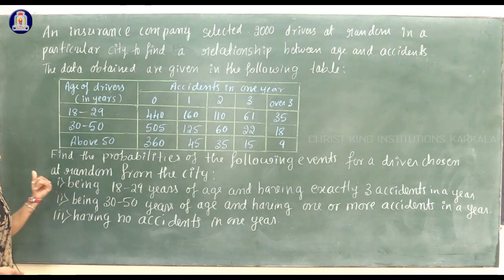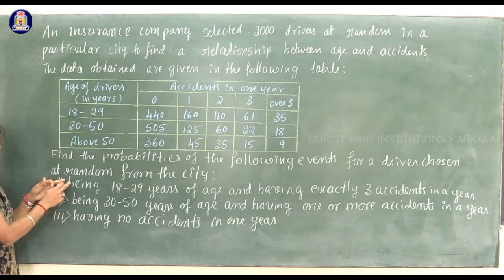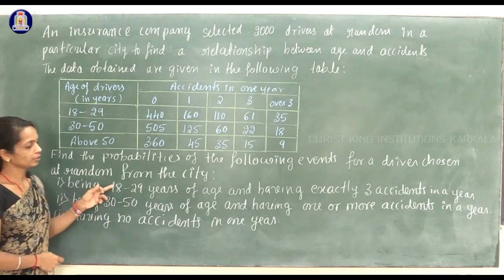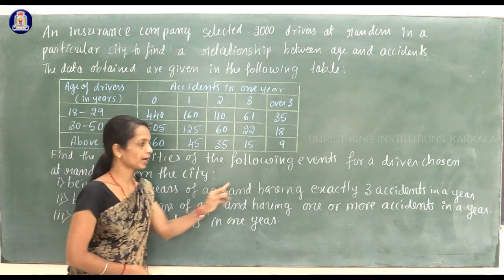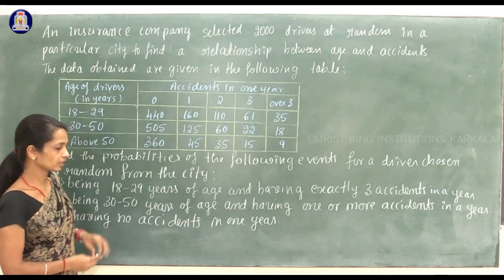So we calculate the probability of these 3 events one by one. First, you have to find the probability that a driver is 18 to 29 years of age and having exactly 3 accidents in a year.